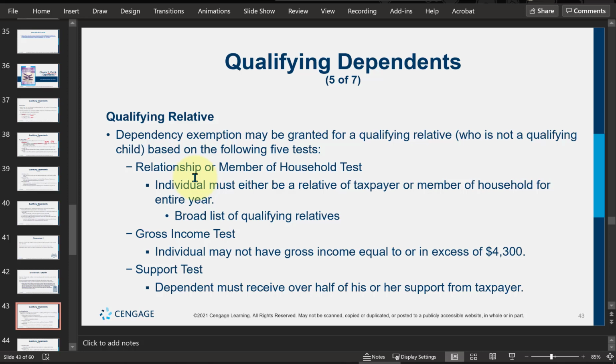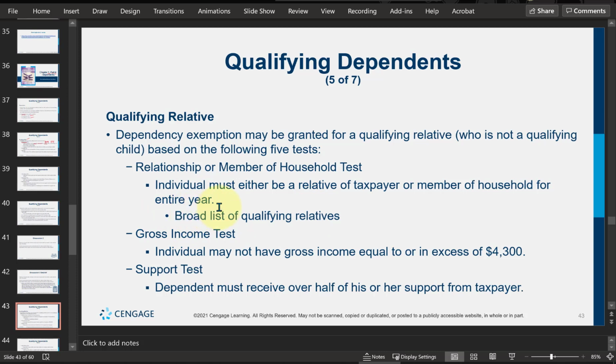What relationship does not meet this test? Cousins. We were able to claim brothers and sisters, right? Aunts and uncles now. But their children, your cousins, do not meet this relationship test unless they're a member of the same household as a taxpayer for the whole year.